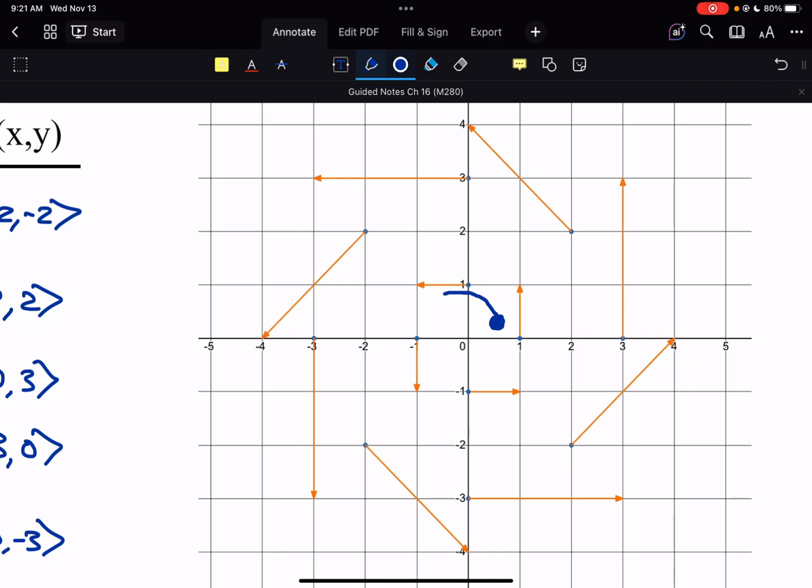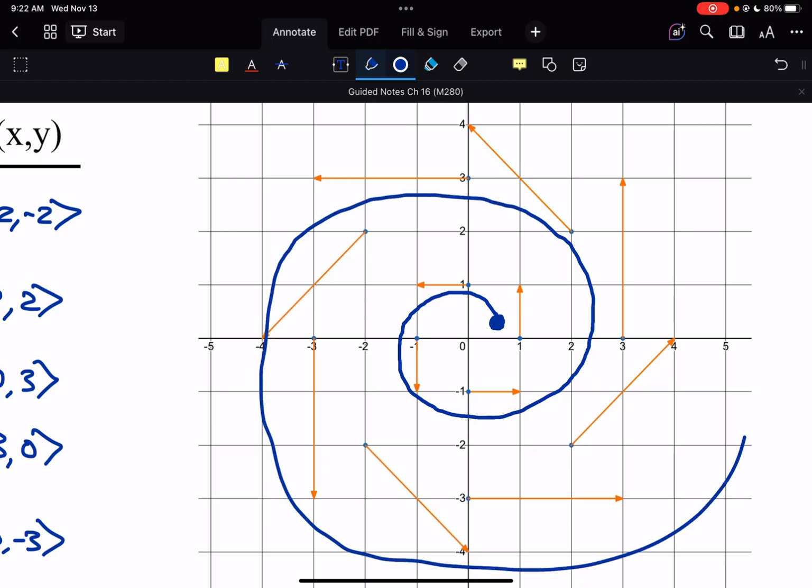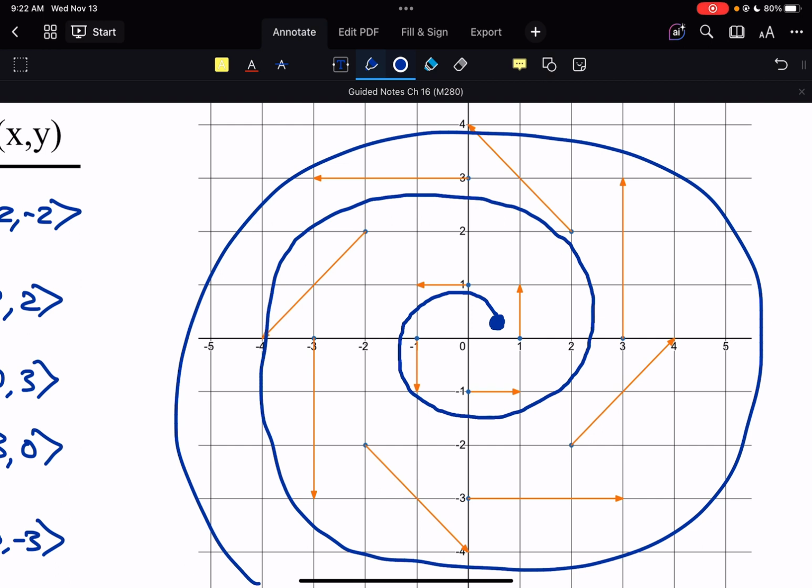It would follow this current, getting pushed around slowly at first, but as it gets further out, it's going to start pushing it harder and faster, right? Because these vectors are getting longer. So it's going to get pushed around faster and harder as it goes, and it's just going to spiral outward.